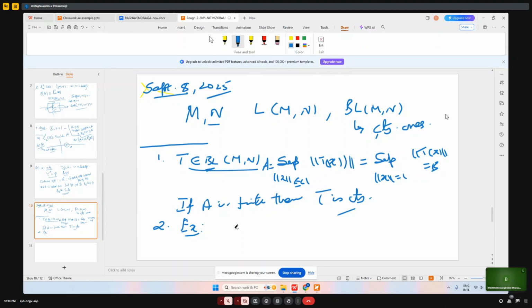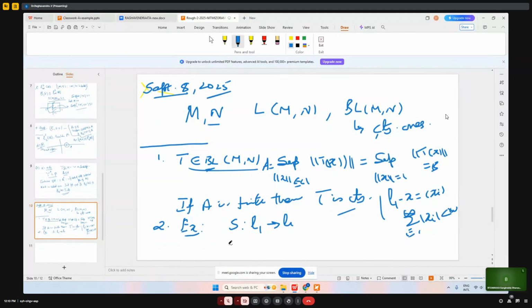Let's take a map S from L1 to L1. So what is this L1? L1 is nothing but a sequence x_i such that the summation i equal to 1 to infinity of mod x_i is finite.